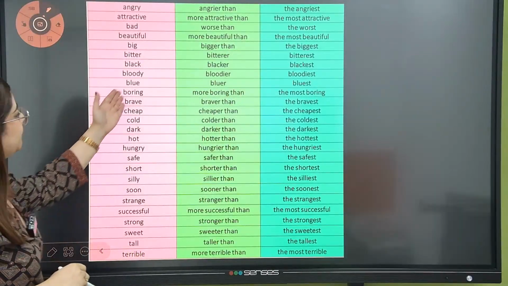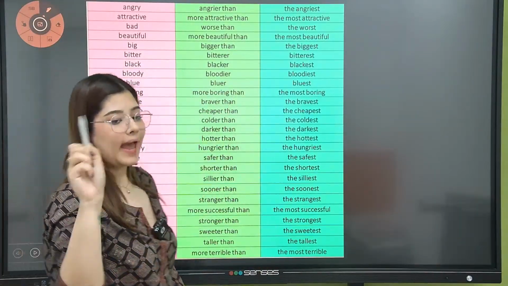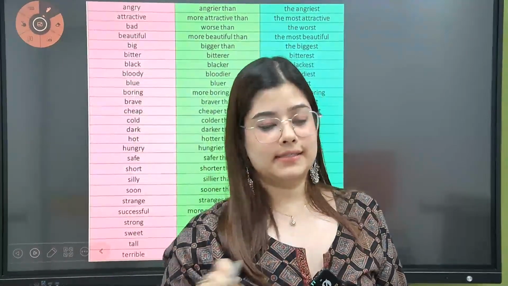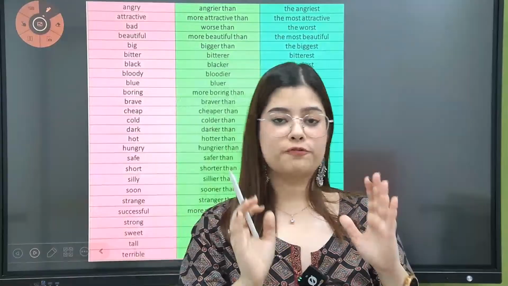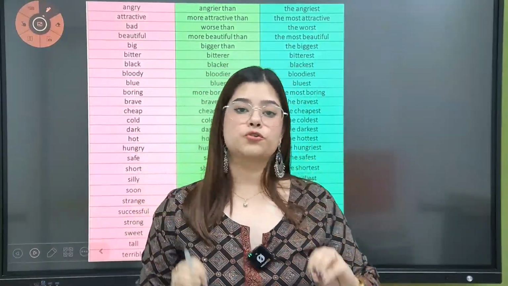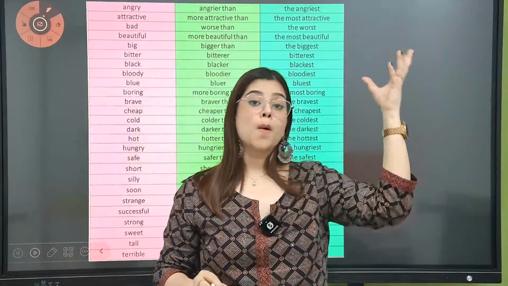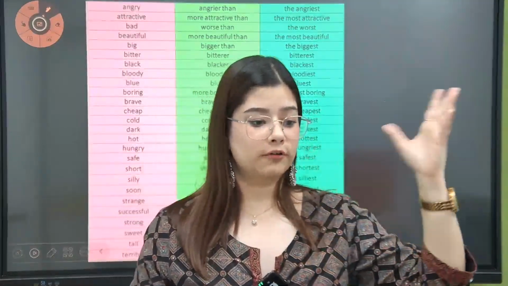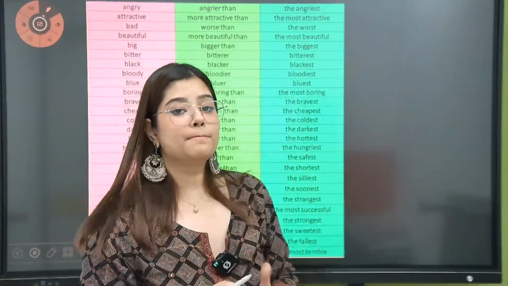Or cheap, cheaper, cheapest. Second category would be you will not add ER or EST. You will add more or most. So more for comparative degree, most for superlative degree. So beautiful, more beautiful, most beautiful. I would not say beautifuler or beautifulest. I would say beautiful, more beautiful, and most beautiful.